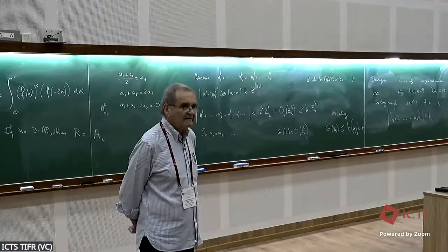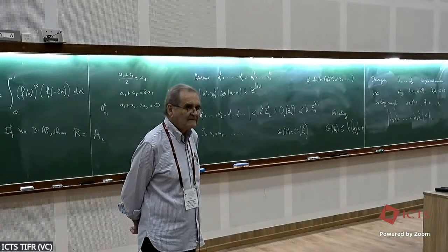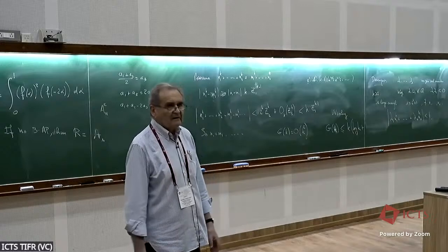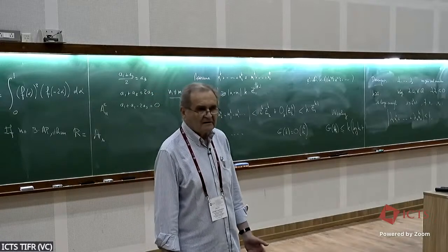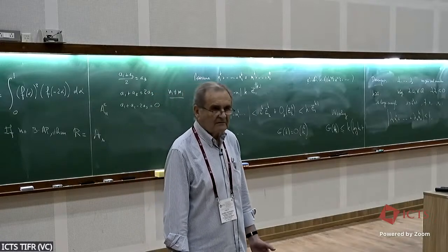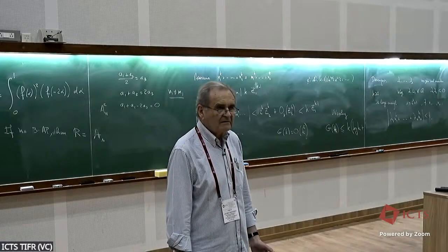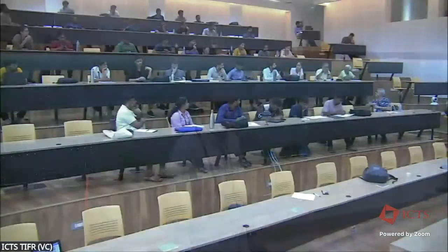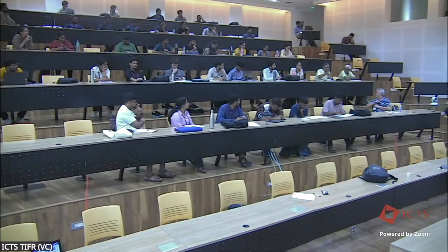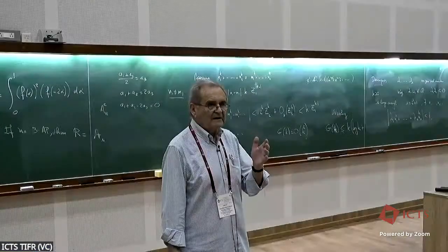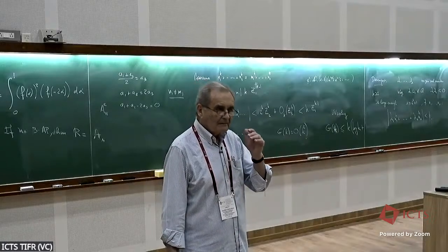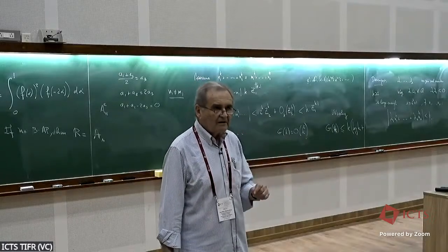I don't know. No, you are talking about the major arc. Essentially, whatever Weil says and Hua says. No, Weil and Hua are meaning on the minor arcs, you can save a lot.